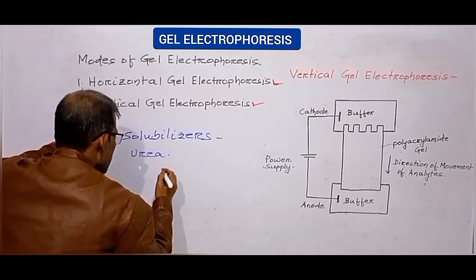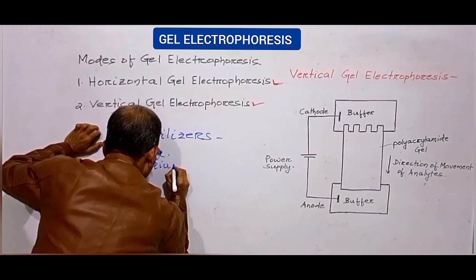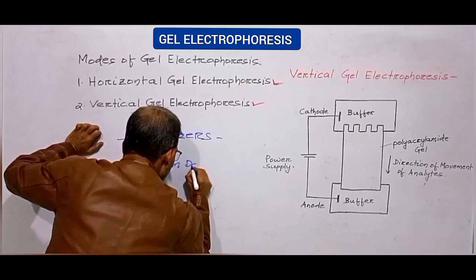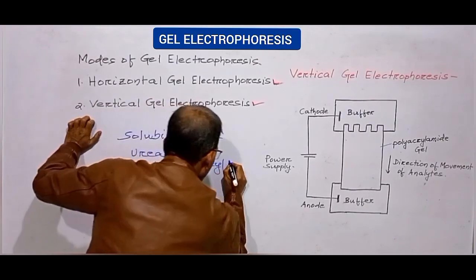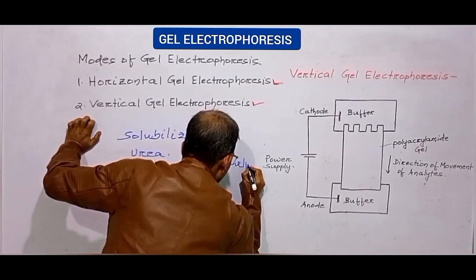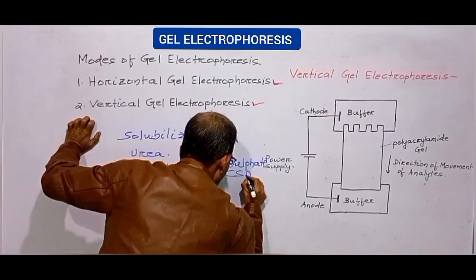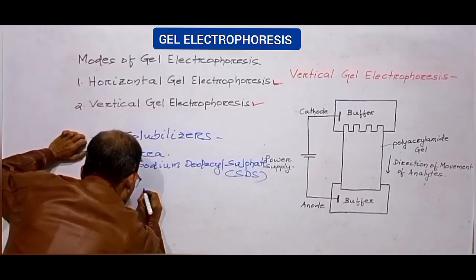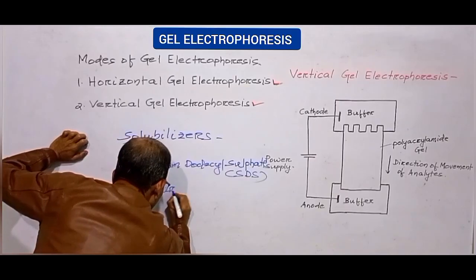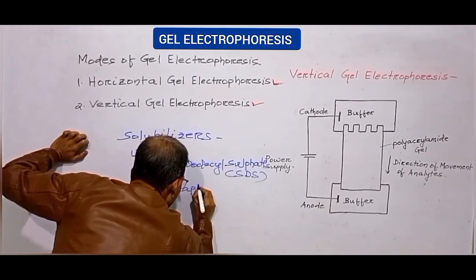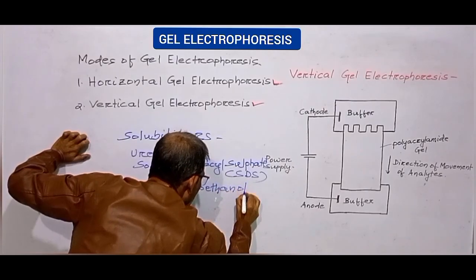Examples are urea, sodium dodecyl sulfate, SDS, and beta mercaptoethanol.